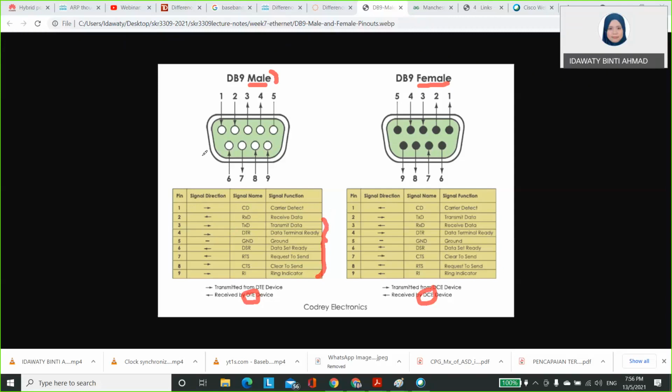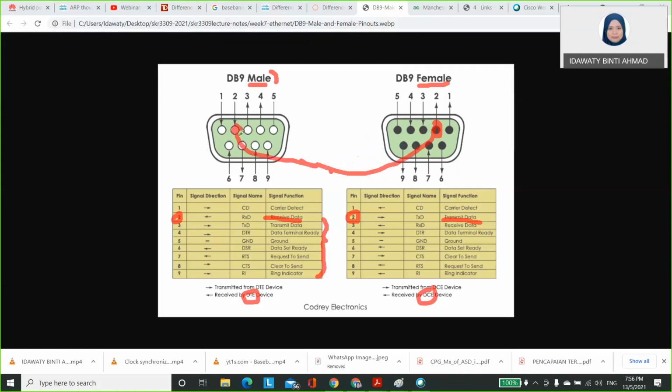Basically, if I take only one pin, pin number 2 here is to transmit data. You transmit data here, and it goes to pin number 2 over there, which is to receive. So it goes from here to here.